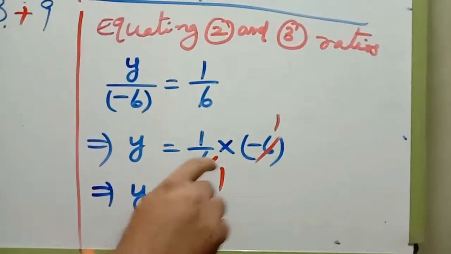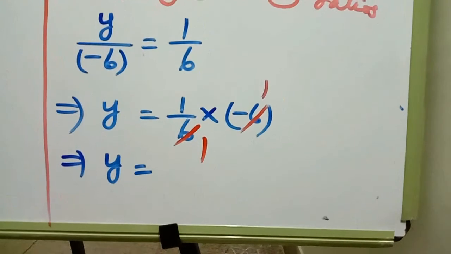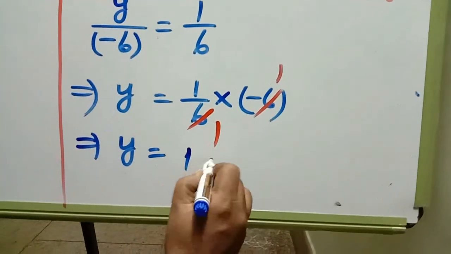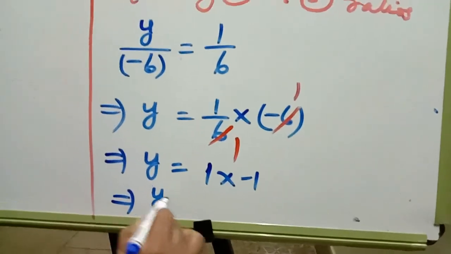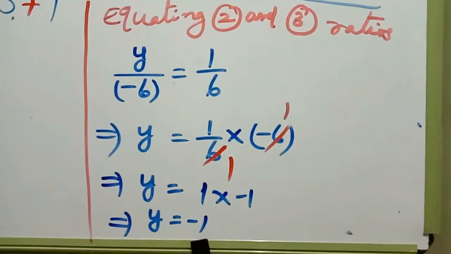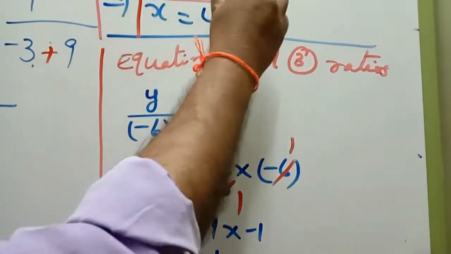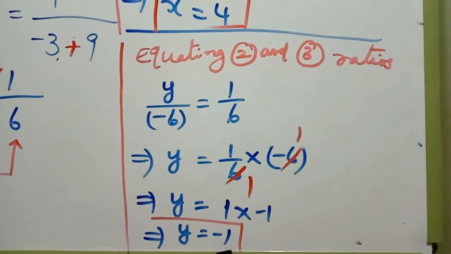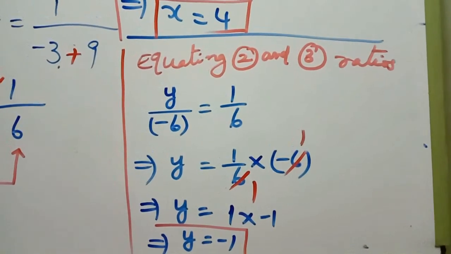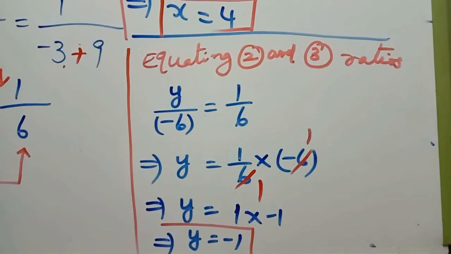Finally 1 into 1 is 1, that is minus 1. Finally y is equal to minus 1. So I got x is equal to 4 and y is equal to minus 1 as the solutions of the given pair of linear equations in two variables.